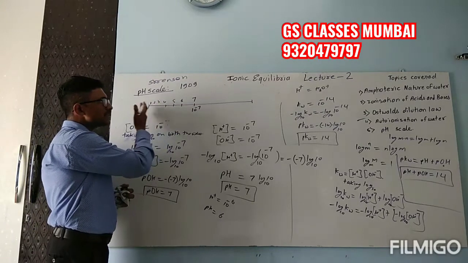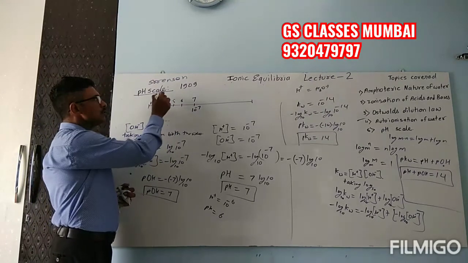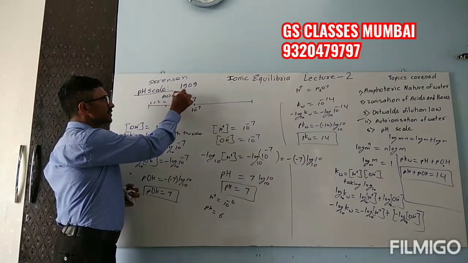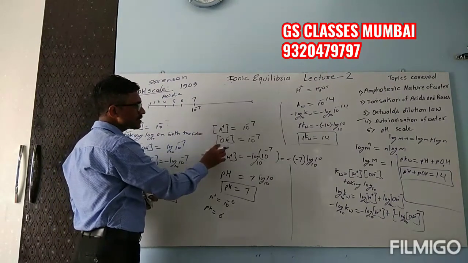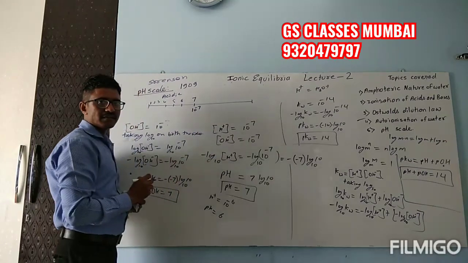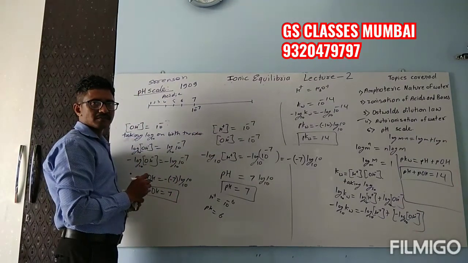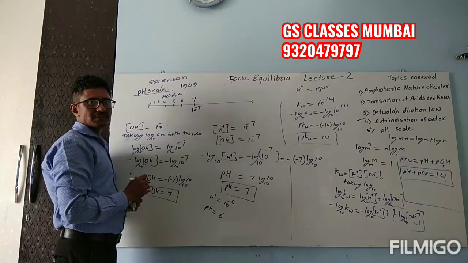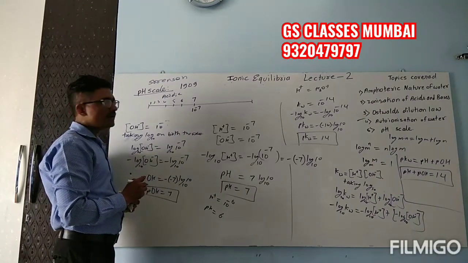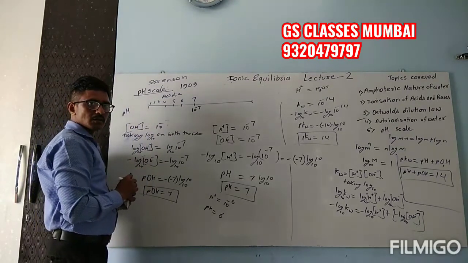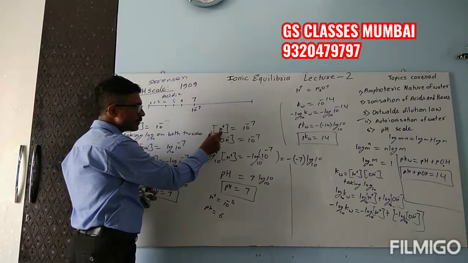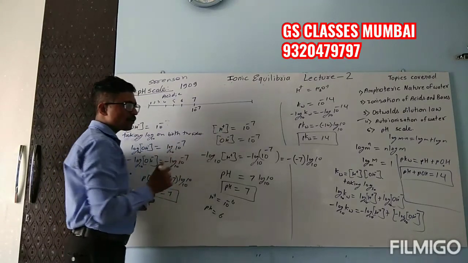So as the hydrogen ion concentration is increasing, solution becomes acidic. And when the hydroxide ion concentration is increasing, solution becomes basic. Since the scale is only pH, we talk in terms of hydrogen ion and hydroxide ion concentration.